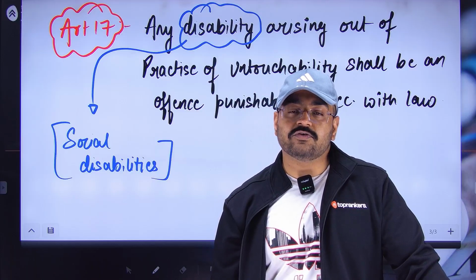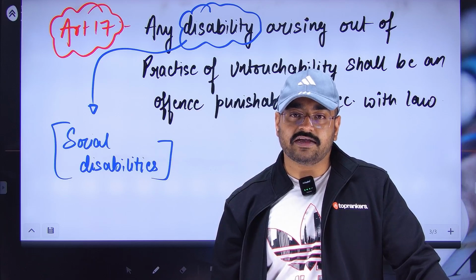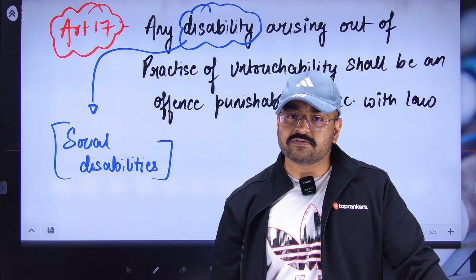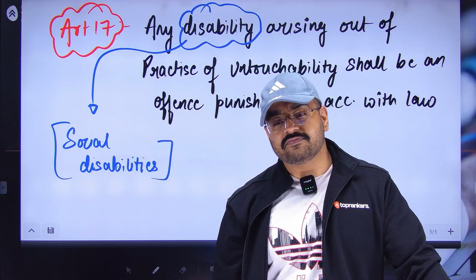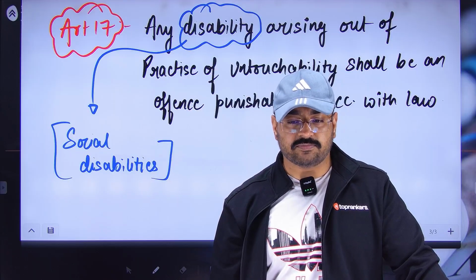Similarly, if there is only a single water body, then they were not allowed to access the water from that as well. These were the kind of social disabilities which are faced by the members of the SC/ST communities or those individuals who were treated as untouchables.